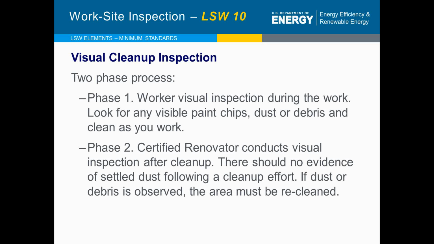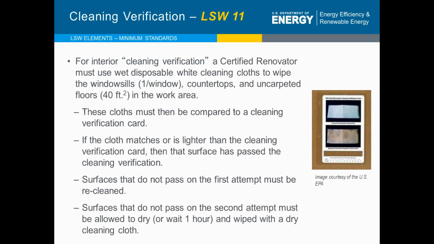So it could be the second time of cleaning, and if that's a fairly large job, you may be around beyond 5 o'clock here. After it has been approved by the certified renovator that it is clean, then the certified renovator does a cleaning verification.